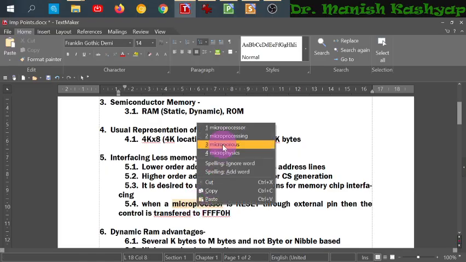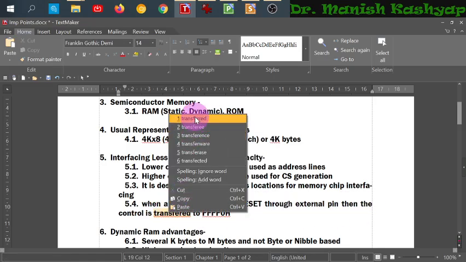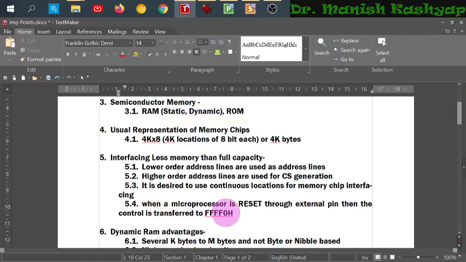So when a microprocessor is reset through external pin, then the control is transferred to FFFF0H. Mind you, I have written these 5 hexadecimal digits. I mean the actual physical address here, right?